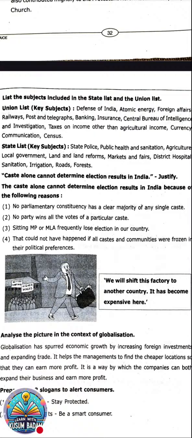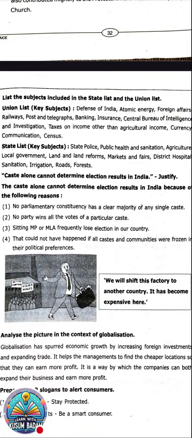Okay, now the next question here. A picture is given. You can see that picture. The statement written is, we will shift this factory to another country, it has become expensive here. So here, what the multinational companies think is that they want to set up their factories in the country which is cheaper in labor.